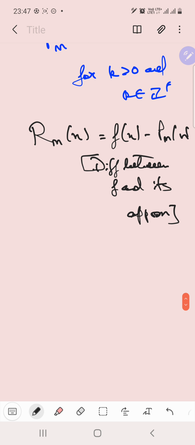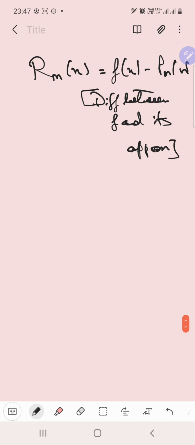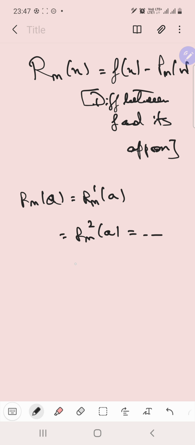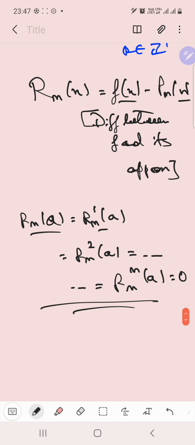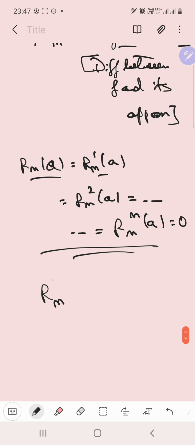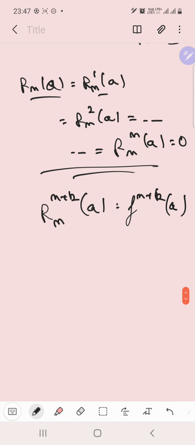Clear? So from the above properties written, we can easily say that Rn(x) is equal to Rn(a) is equal to Rn1(a) is equal to Rn2(a) till the nth derivative, and all these values are equal to 0 because f(x) and Pn(x) will be identical in all these cases, and any (n plus k)th derivative of Rn will be equal to the kth derivative of f(x).